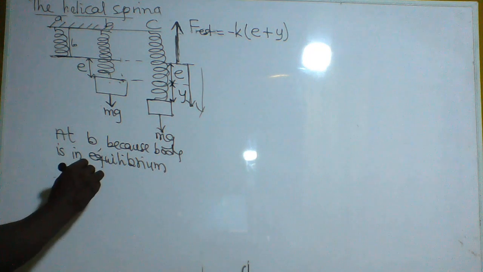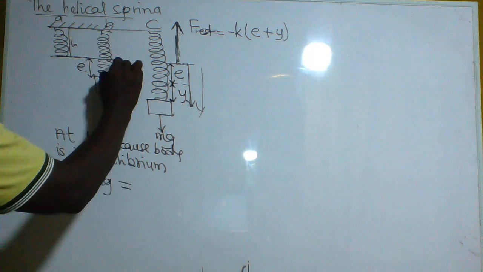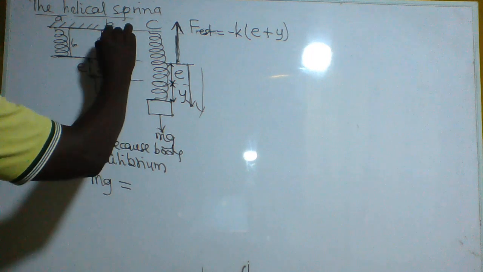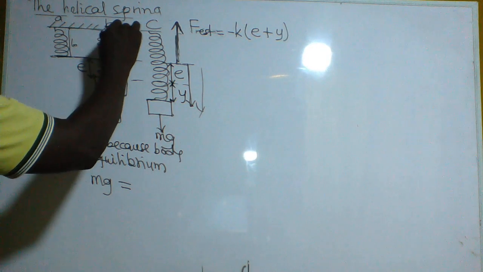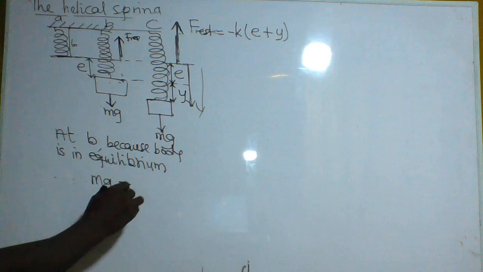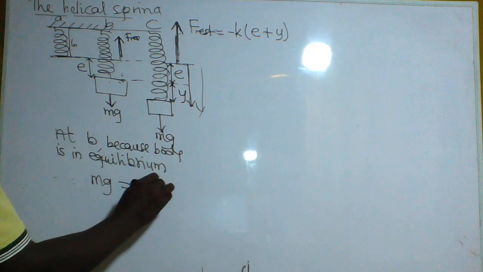So we have the weight mg, which is equal to the restoring force acting oppositely to the direction of extension, F restoring, giving us minus Fe.